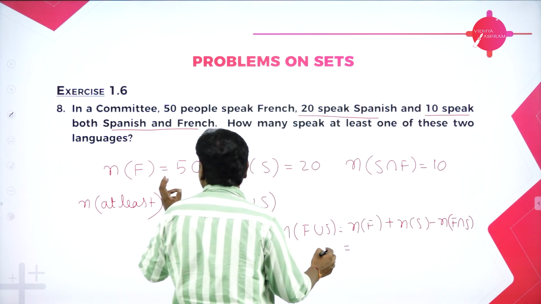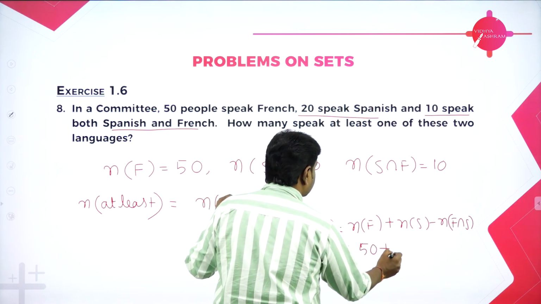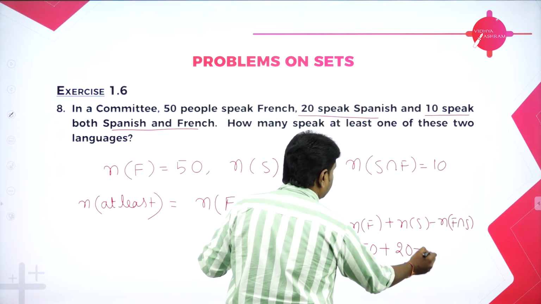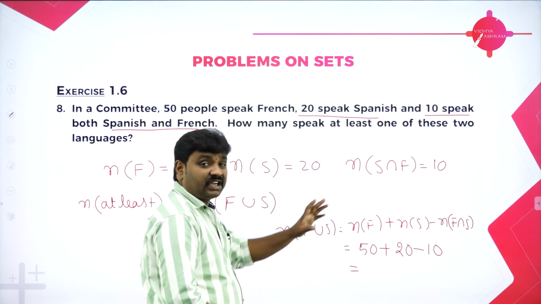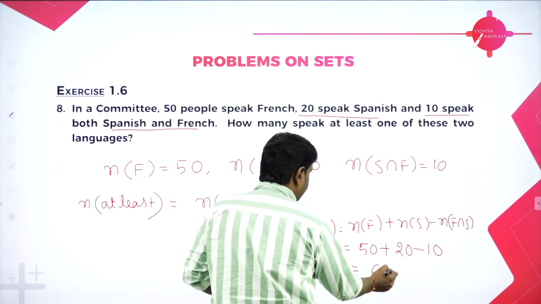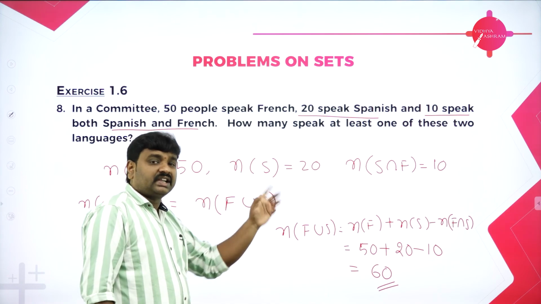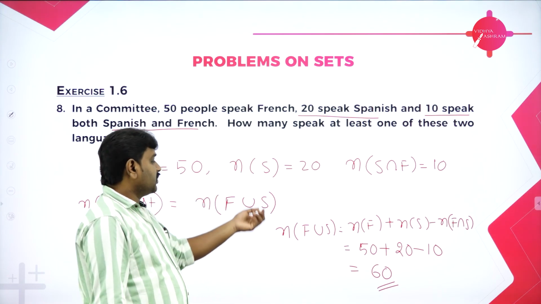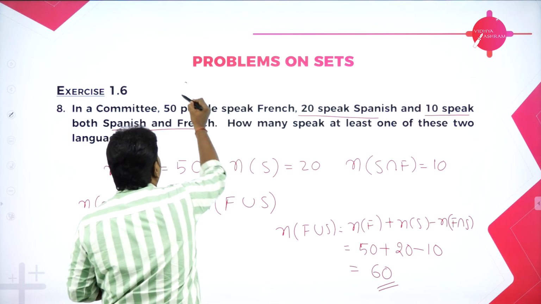So simplify this. Now we have 50 French speaking people, 20 Spanish speaking people, and common is 10. 50 plus 20 is 70, 70 minus 10 is 60. So 60 people will speak at least one. Speak means French or Spanish. OR means union; union stands for OR.